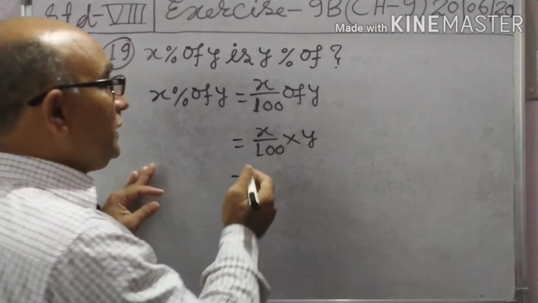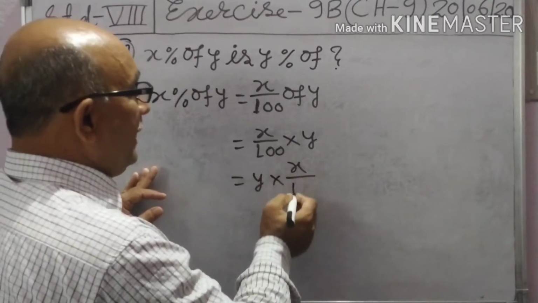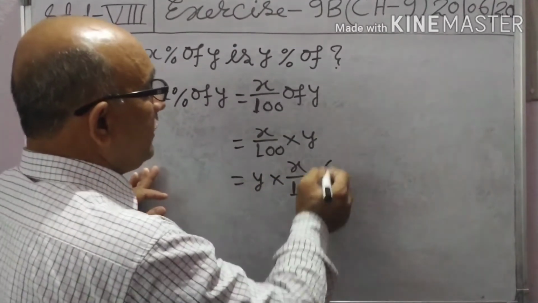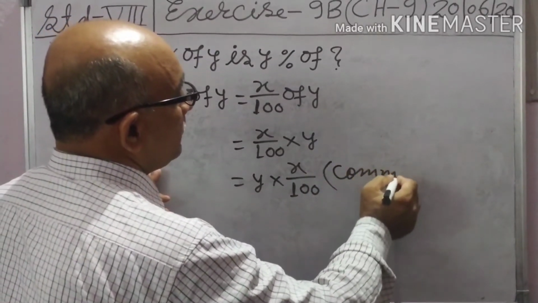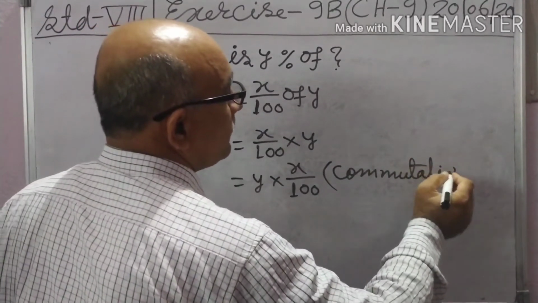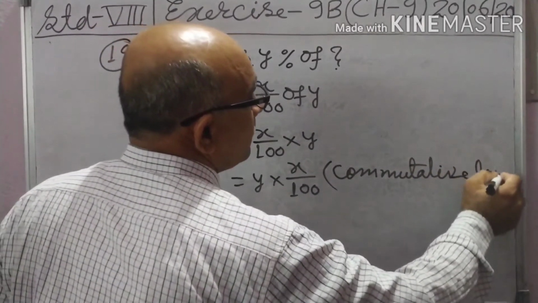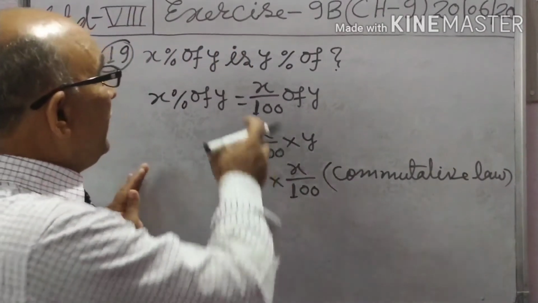Now by commutative law, y into x by 100. Commutative law is a into b equal to b into a.